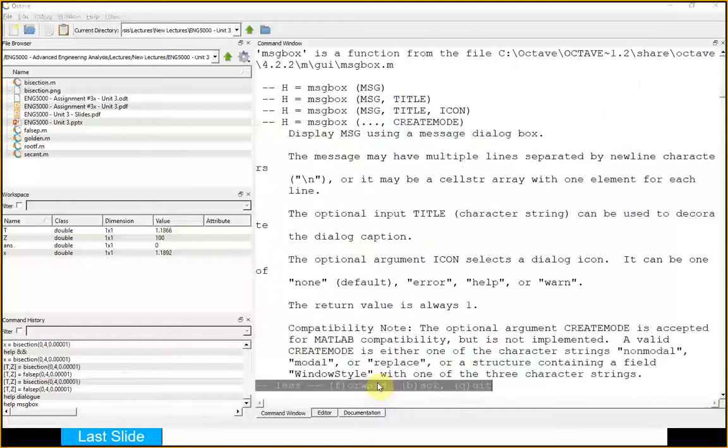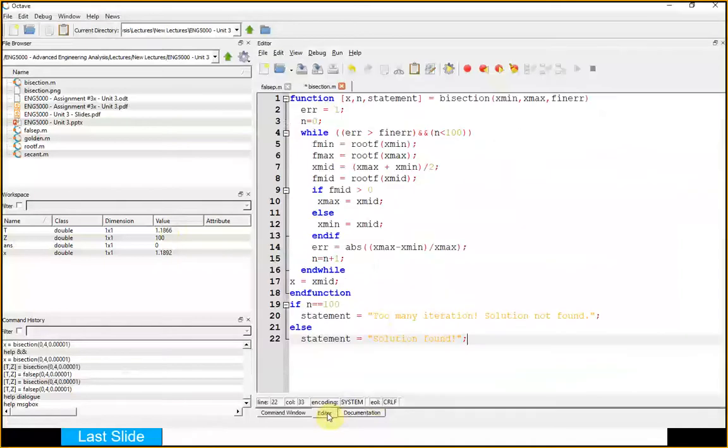I'm going to do message box, okay? So what I'll do is I won't even use statement. I will just use a message box.